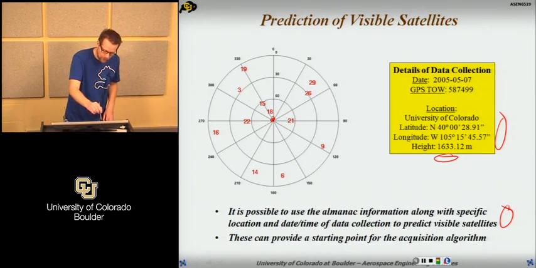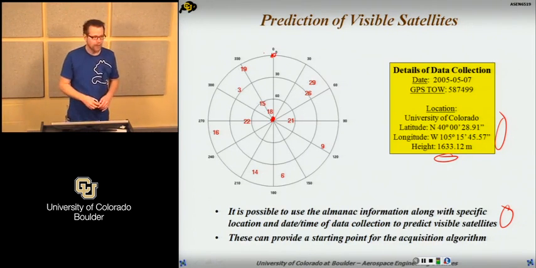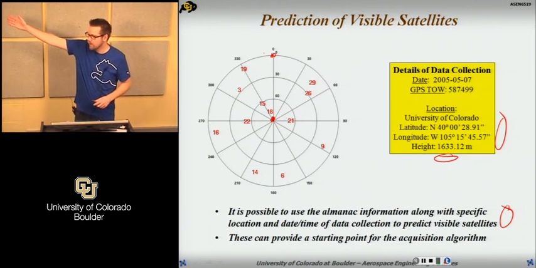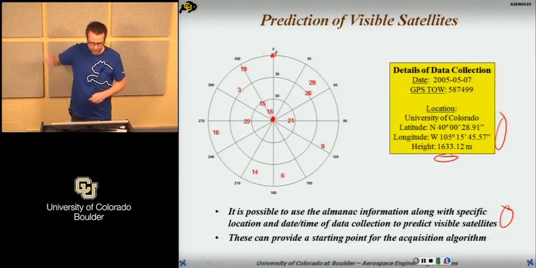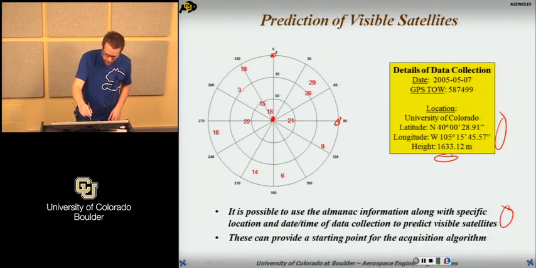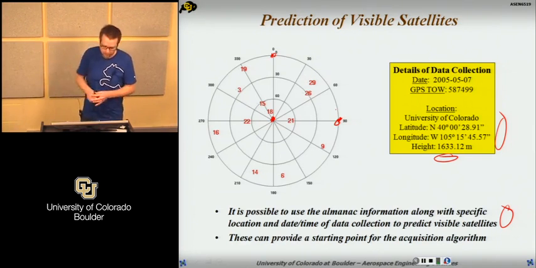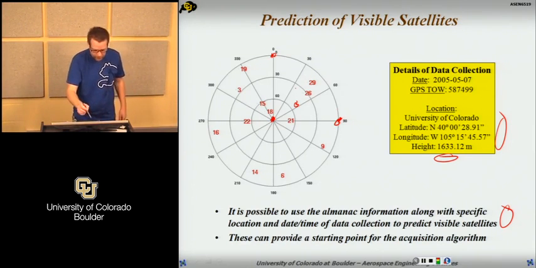So the middle here is straight up. This point right here is directly north. That way, roughly, is directly east. And then for a random point right here, it's going to be east-northeast.